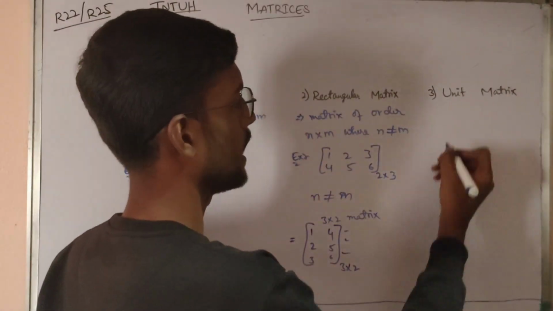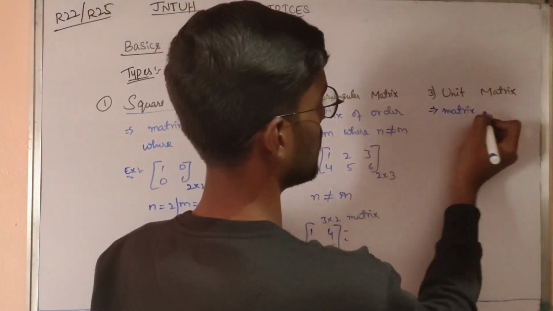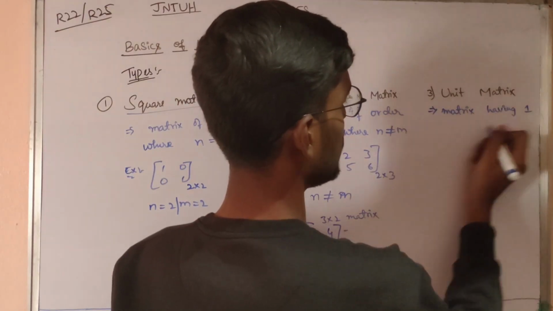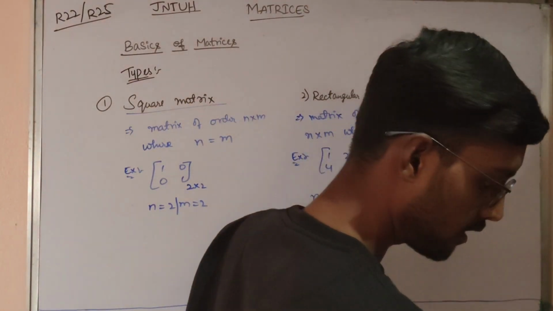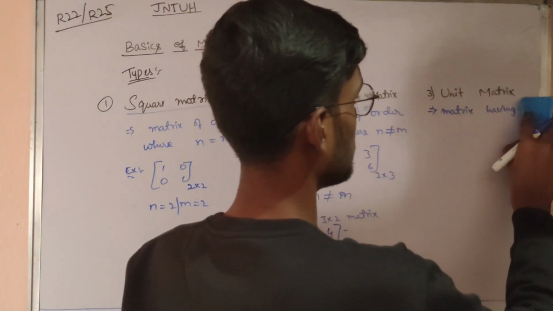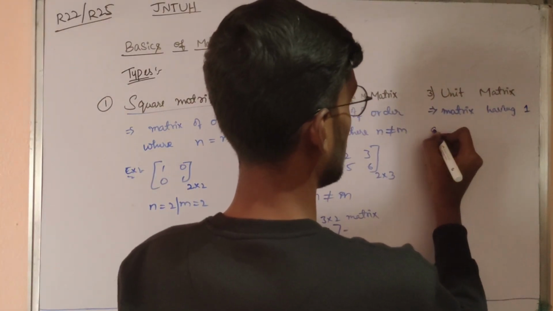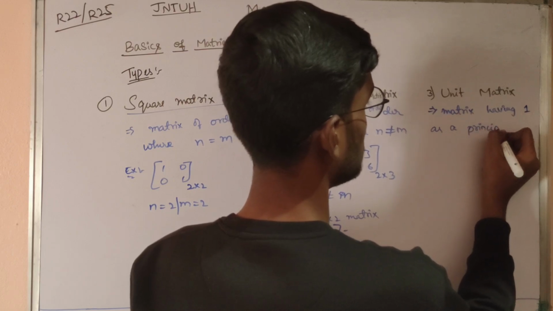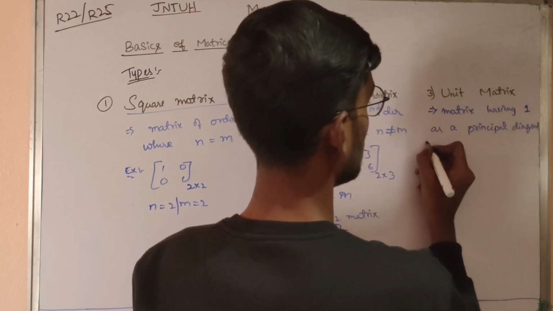Next, the unit matrix. A matrix having 1 as the principal diagonal number.